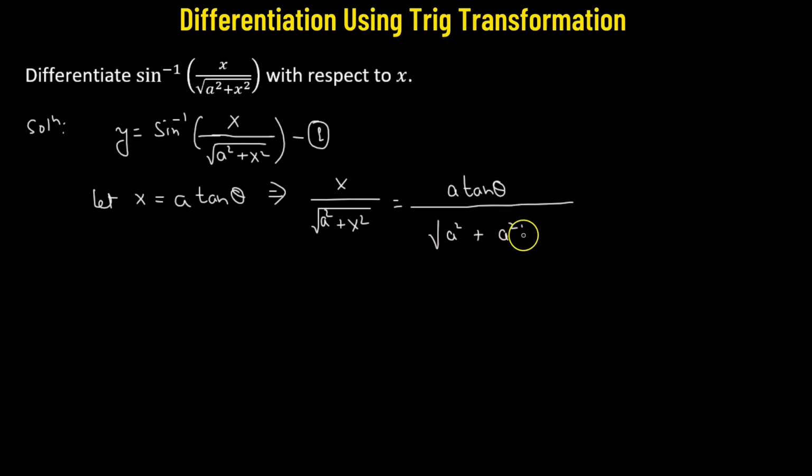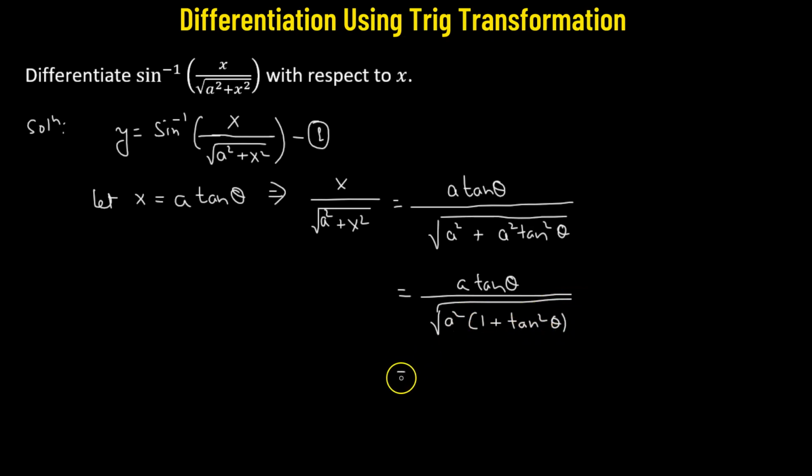So x squared is a squared tangent squared theta. This will be a times tangent of theta divided by the square root of a squared multiplied by 1 plus tangent squared theta. This gives us a times tangent of theta divided by the square root of a squared times (1 plus tangent squared theta). Now this is an identity, which is secant squared theta.